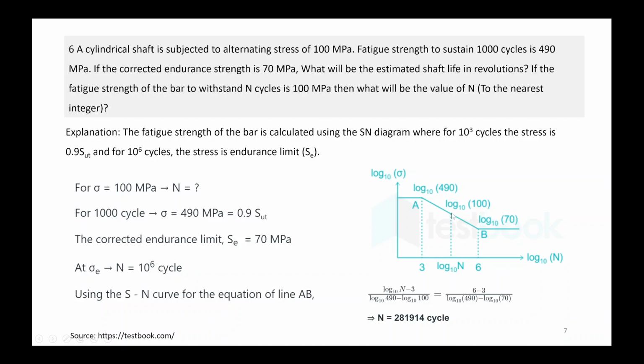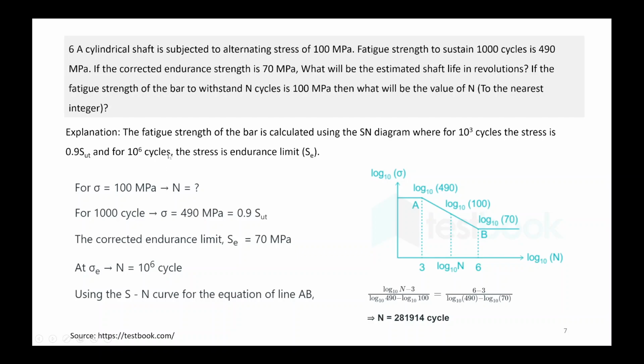Log 100 will correspond to log n, the number of cycles, which we have to find out. For 70 MPa, it is your endurance strength. Endurance strength we can take as 1 million cycles, so it is taken as 6 for log n. Now we have to find the value of n.